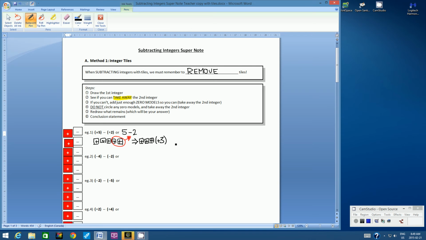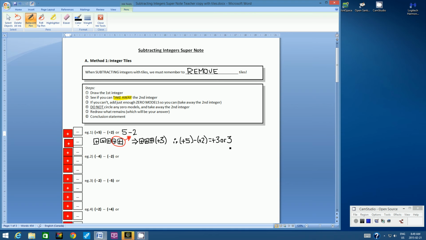And that's it. So let's write our conclusion statement. Therefore, positive 5 subtract positive 2 equals positive 3, or even better in standard form, 3. That is the easiest type of subtraction question.